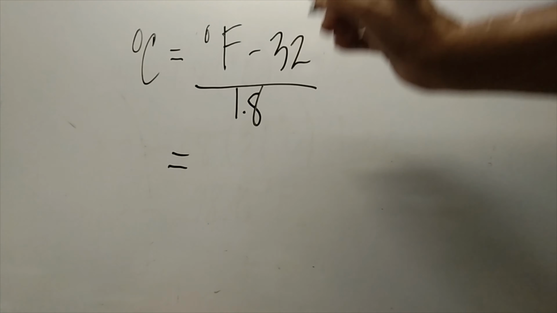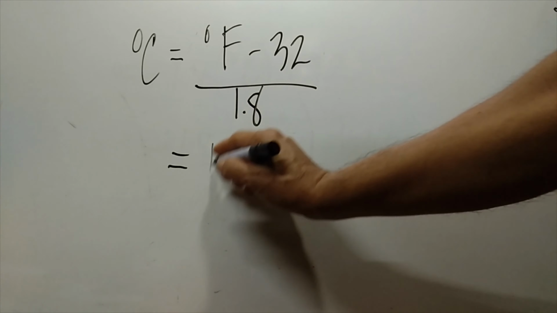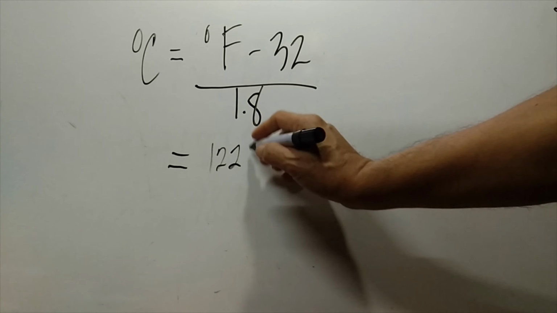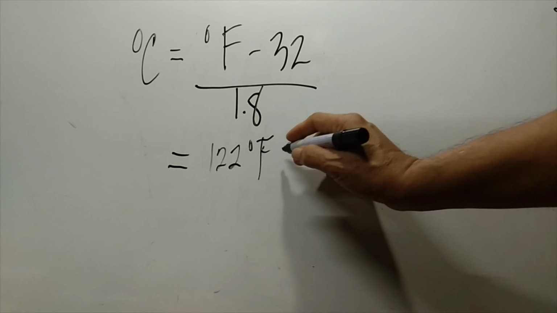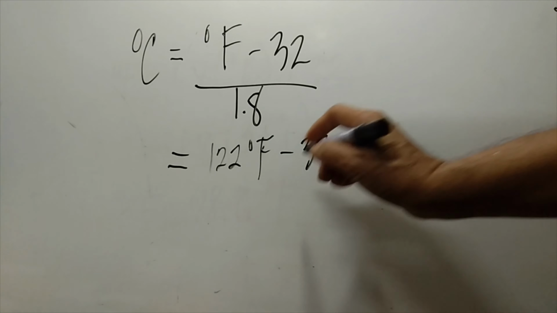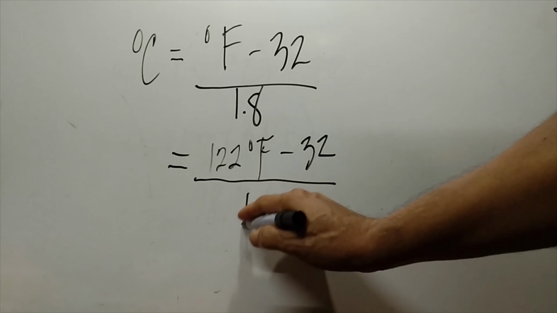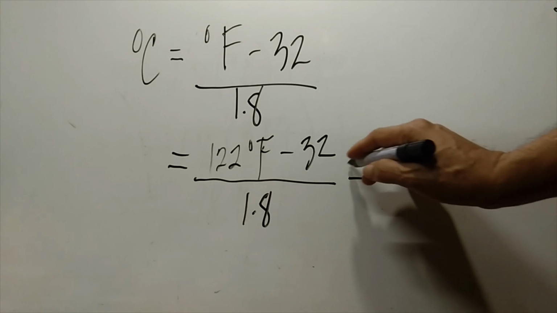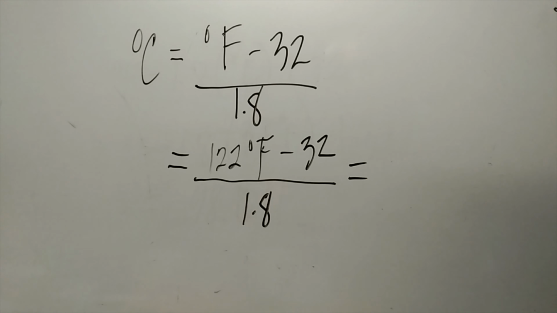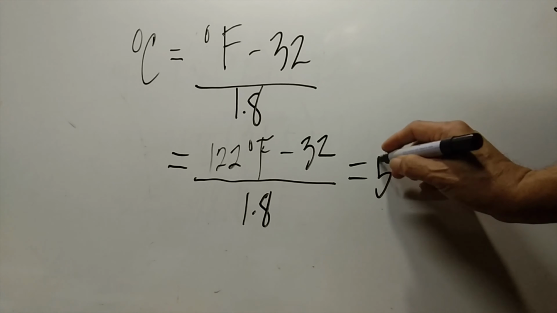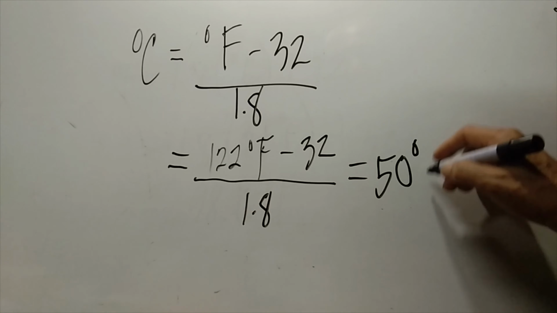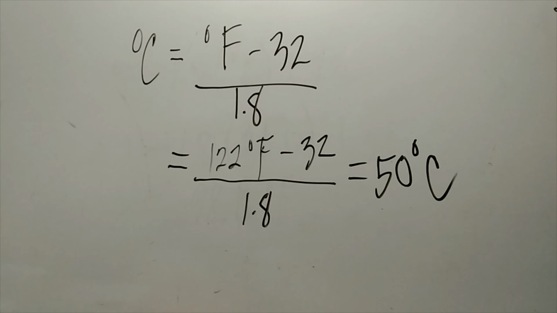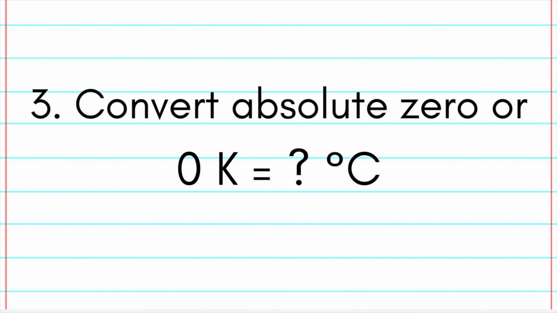So this will become 122 degrees Fahrenheit minus 32 divided by 1.8, which will give us the answer of 50 degrees Celsius.